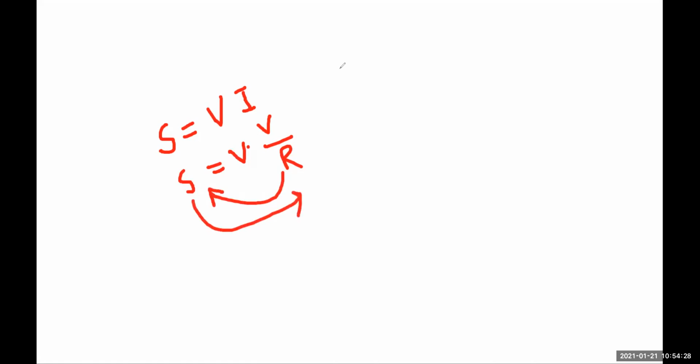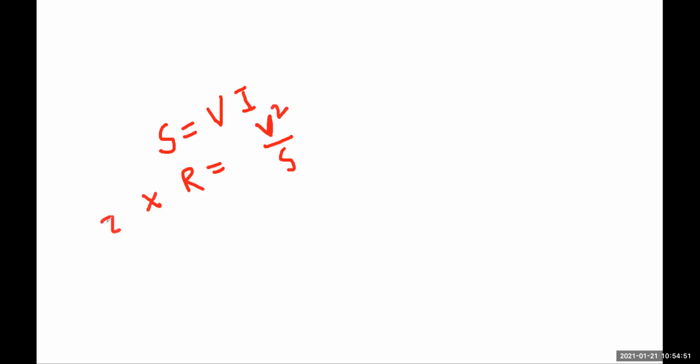V into V will be multiplied, so they become V square. So R, or you can call it X, or you can call it Z, whatever, is V square divided by S.